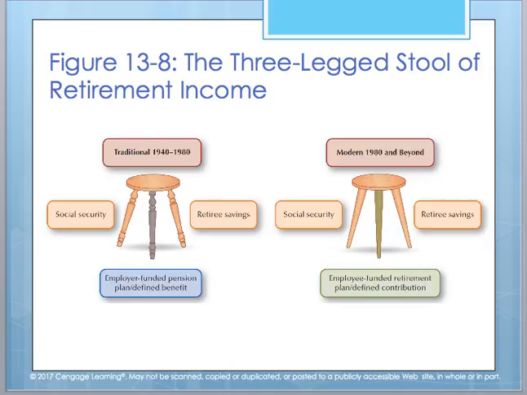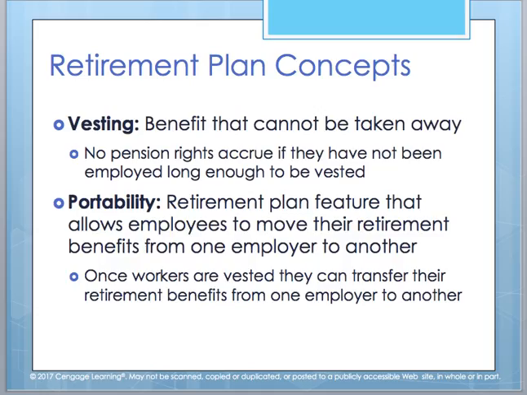Both of these models factor in Social Security and retiree savings, but the modern view looks at employee-funded retirement plans as a defined contribution. Do you see the difference? Before, the pension plan was funded by the employer, by the company, and now it's funded by the employee. So how do we come up with these concepts for the plan?